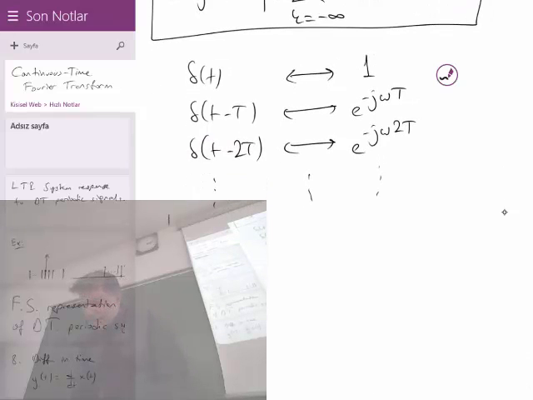And I'm saying that the summation here is k from minus infinity to infinity delta t minus k times T, which is the impulse train that we have.